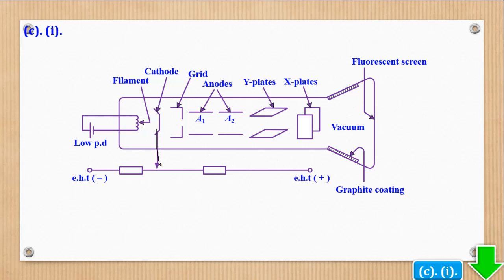So this is connected here, then this one is connected here. Anode is connected on this. This one is connected to the earth together with this and this and that.